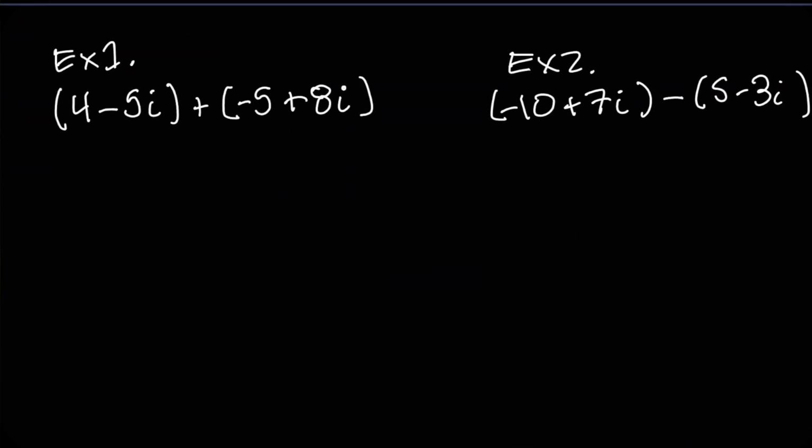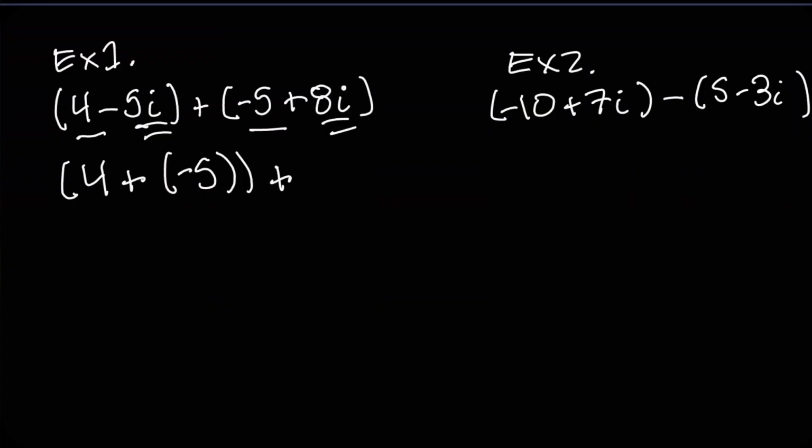So using these, let's go ahead and look at some examples here. For our first example, let's take our 4 and our negative 5. 4 plus negative 5. And then let's take our i's here. So we have 5i and we have 8i.